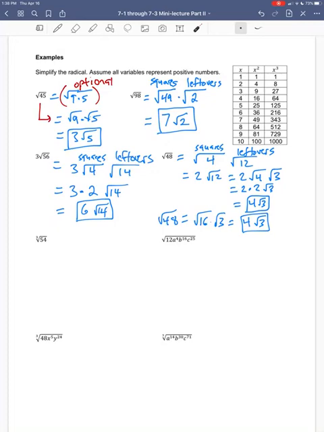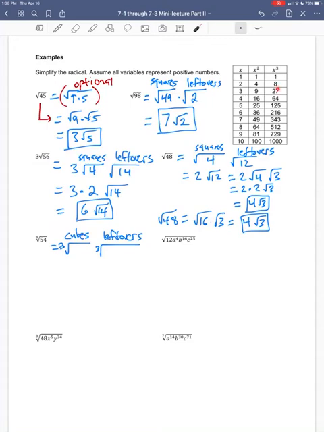Let's do a cube root here. So the cube root of 54. Remember now, if I'm going to write this out, I'm going to do two cube roots. This first one will have my perfect cubes, and this last one will have any leftovers. So in this list now, I'm looking for numbers in the last column that will divide into 54. 64 is too big.